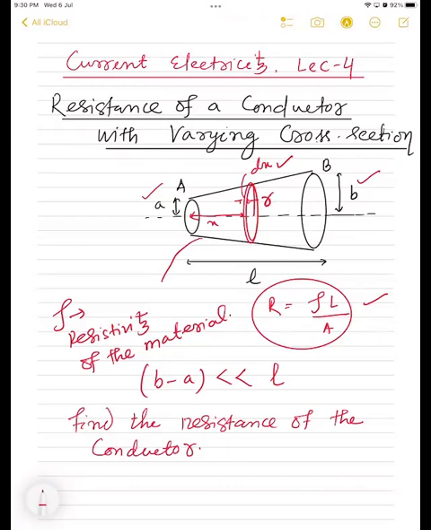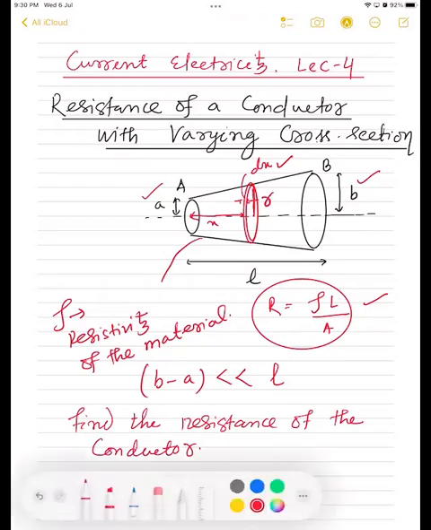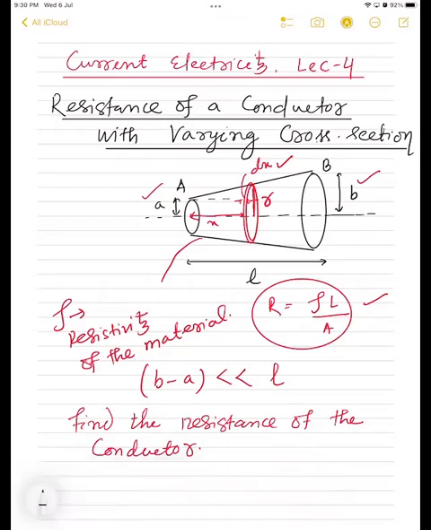So here, students, how can you find this radius? Let's draw a line here. This is also L, correct?